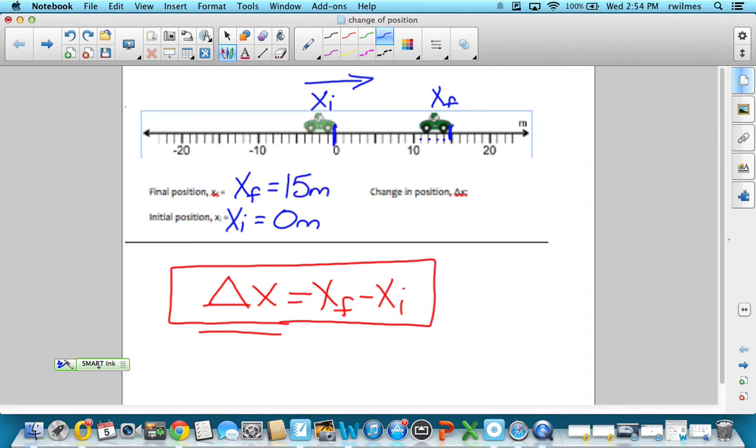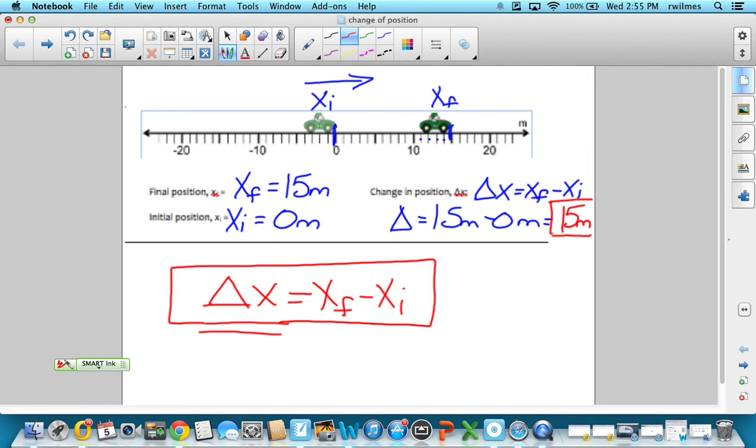So my change of position, I know the formula is this. It's written down there for me. Now I'm just going to plug in what I've got. My change of position for this car is final 15 meters minus 0 meters is equal to 15 meters. The car had a change of position of 15 meters.